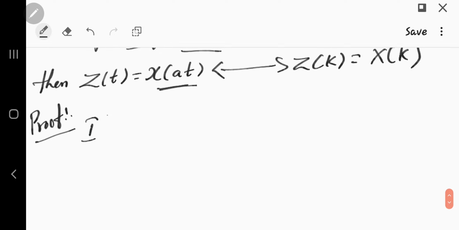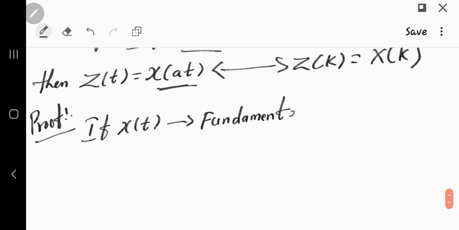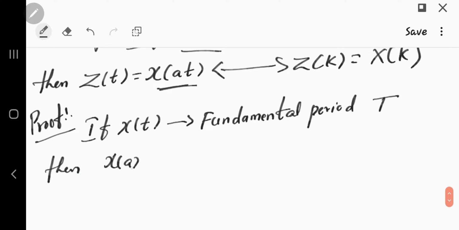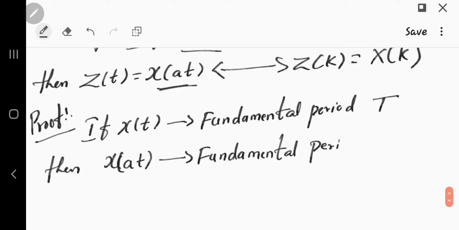So if x of t has fundamental period t, then x of at will have fundamental period as t by a.